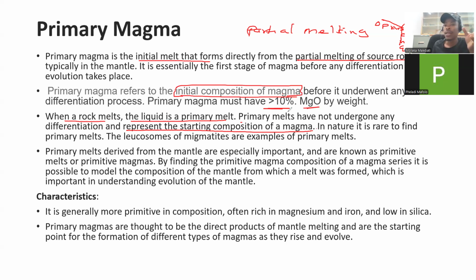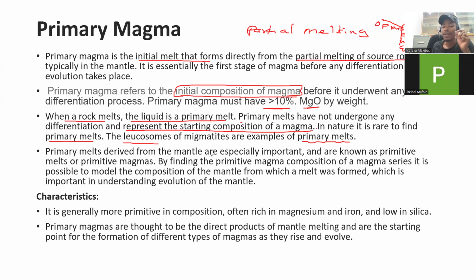But the only problem is, in nature, this is not doable. In an ideal world, it's possible. In nature, it is rare to find primary melts. They are not prominent. But the leucosomes of migmatite are examples of primary melts.